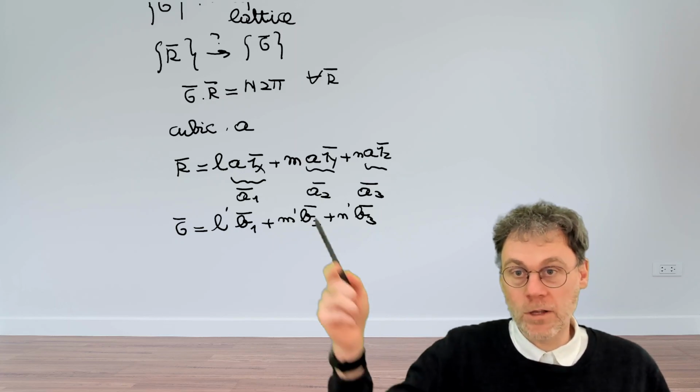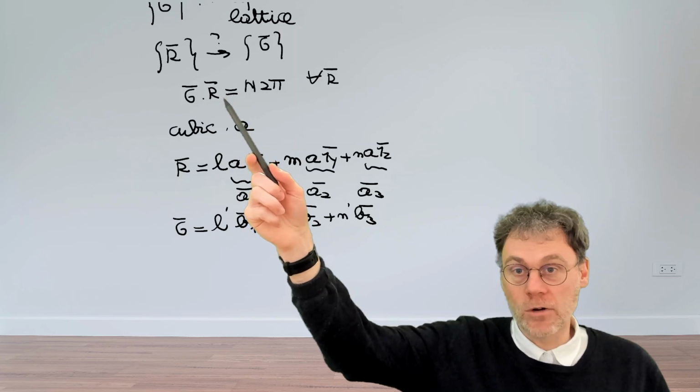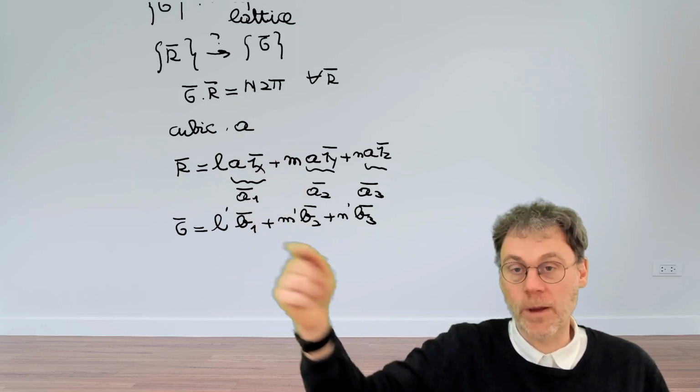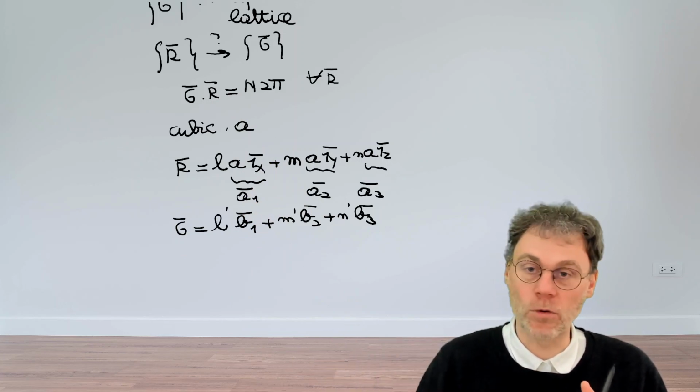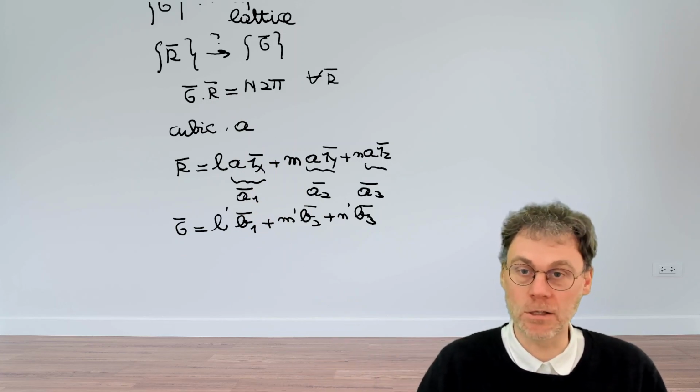So now pause the video and write down this condition as a function of this expansion in this basis set, and think about possible ways of trying to satisfy these conditions.